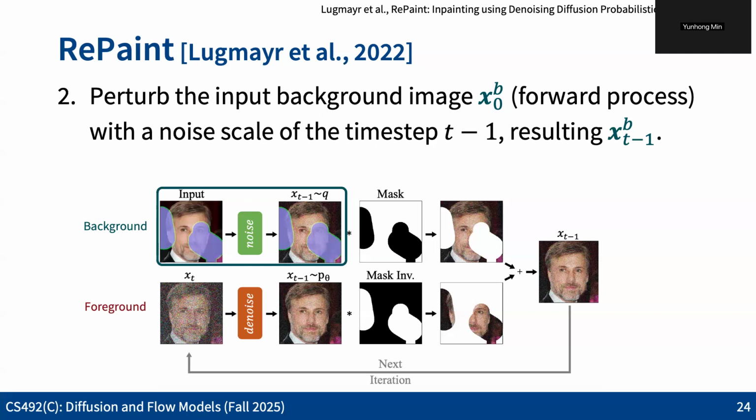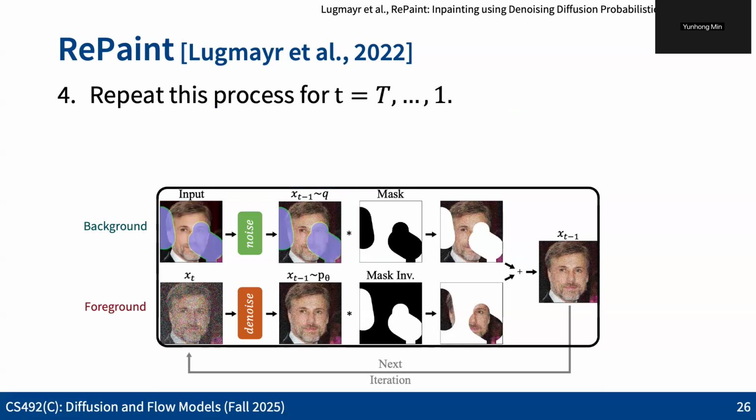So we have two x_{t-1}, the intermediate data points: for the background region, x_{t-1} is achieved by performing the forward process from the background, and for the foreground region, we achieve x_{t-1} by performing the reverse process. So two x_{t-1} with the same level of noise, but one is coming from the forward and one is coming from the reverse. And then we combine this and repeat this process.